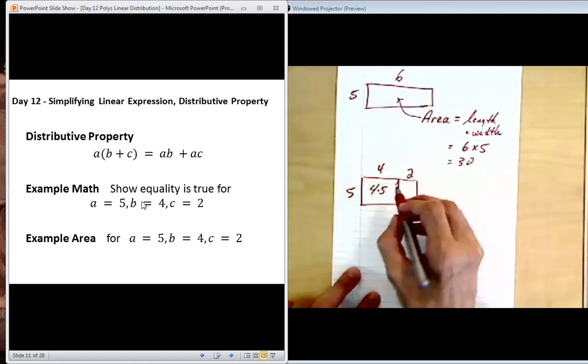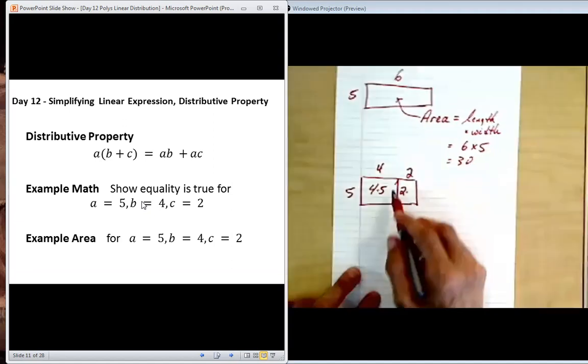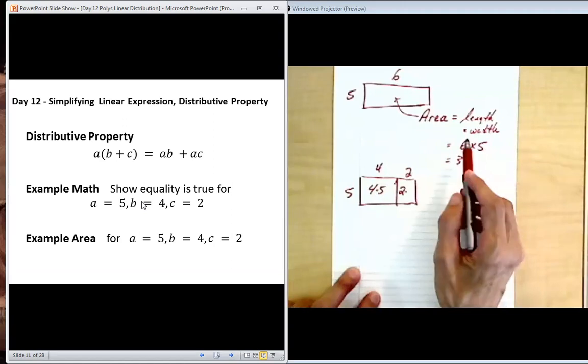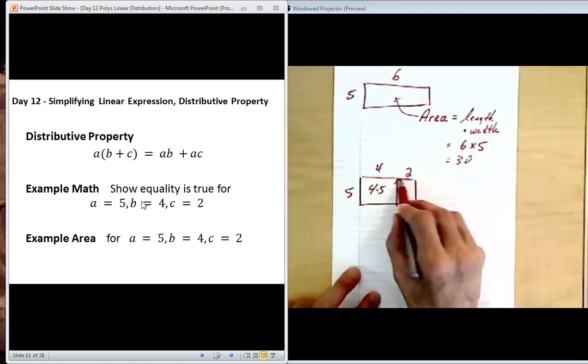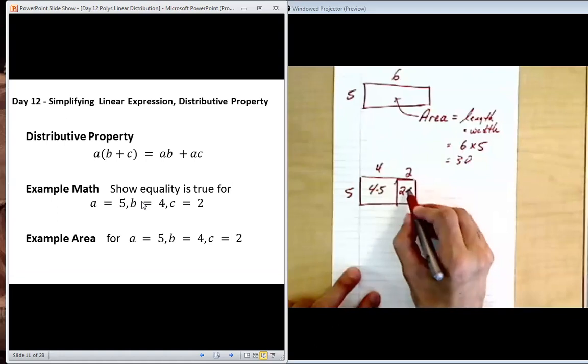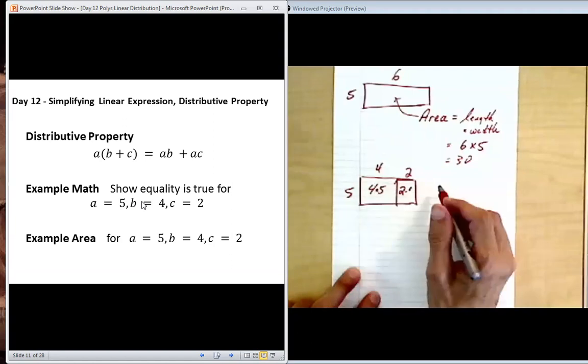2 times what? Length times width. So length times the width there. Let's check this out.